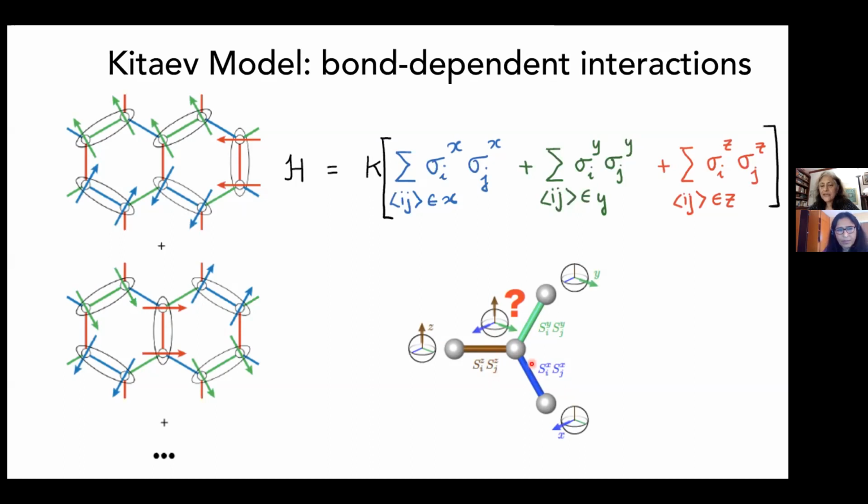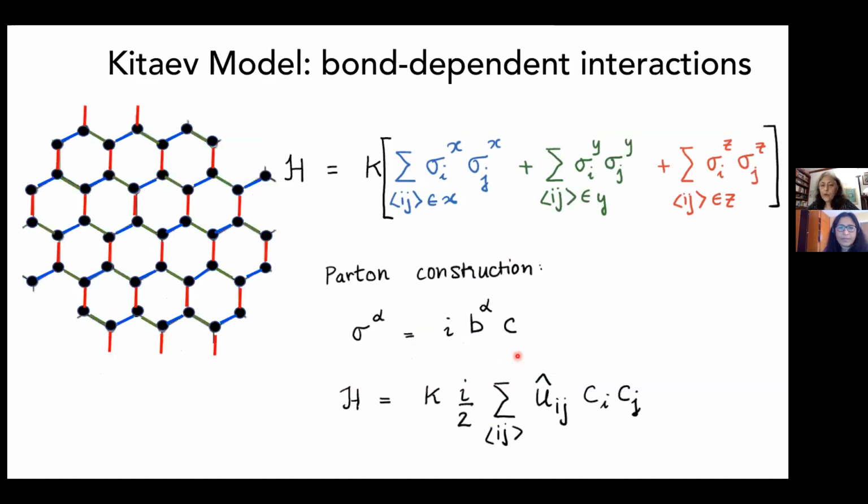And so this site is frustrated in not being able to decide on which way it should point. So that's the origin of the frustration in the Kitaev model. Now, what is remarkable about this model is that Kitaev was able to solve it exactly by making a parton construction.